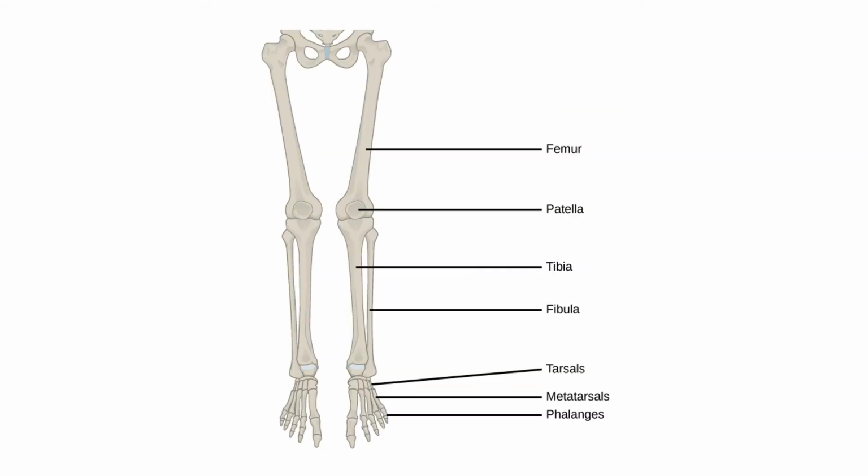Now we'll move to the lower limb. So one bone that's barely pictured in this image is up here, okay? The coxal bone, which is probably what you would refer to as your hip bone or maybe your pelvis, okay? And the upper leg bone, the longest bone in the body, is the femur.